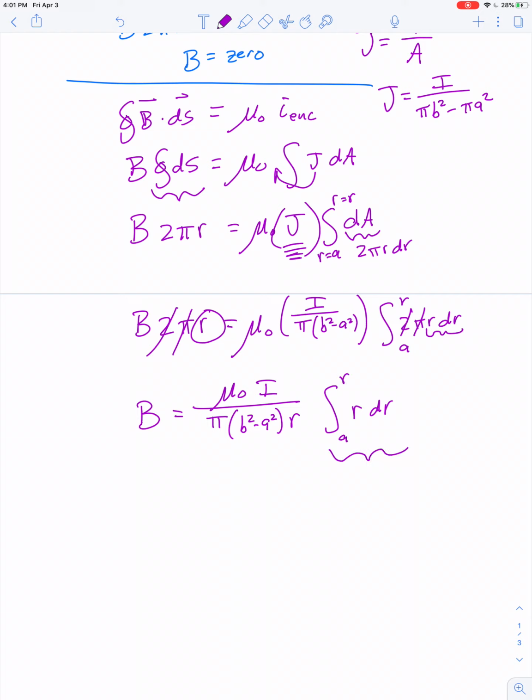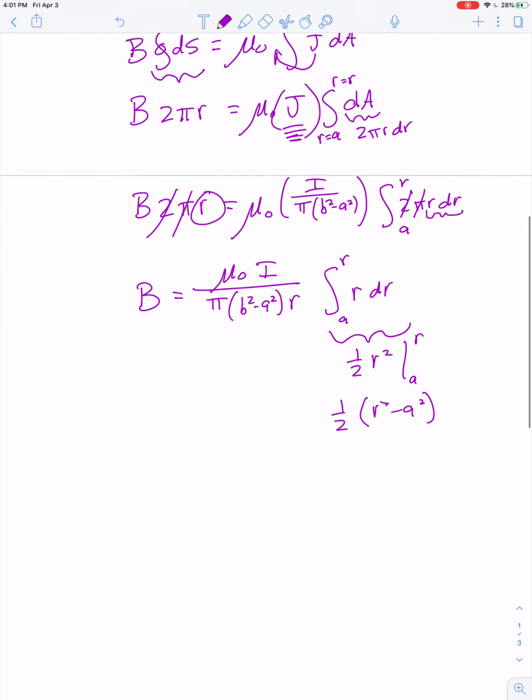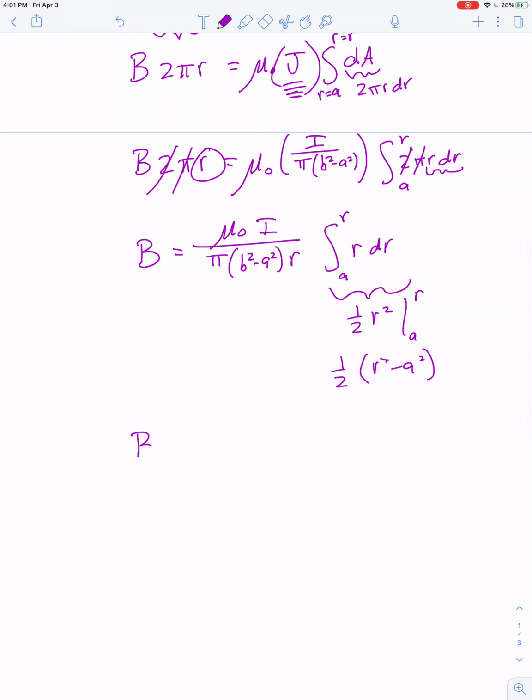Now this comes out to 1/2 r squared evaluated from a to r, which is 1/2 r squared minus a squared. So we find that B is equal to mu naught I times (r squared minus a squared) divided by 2r times the quantity b squared minus a squared.